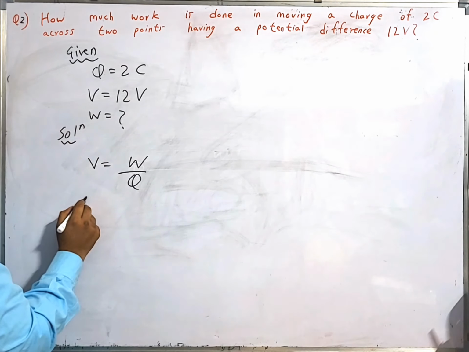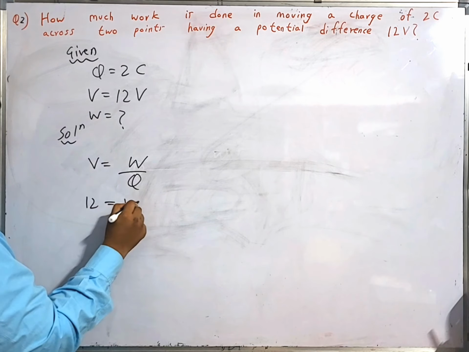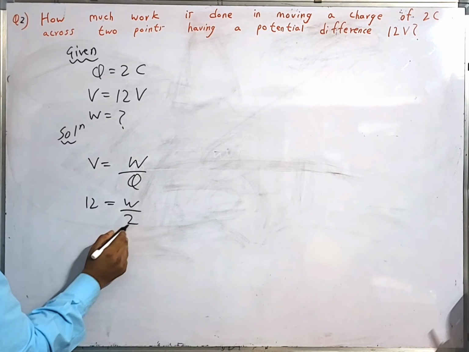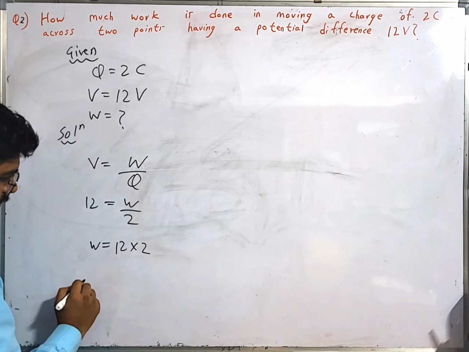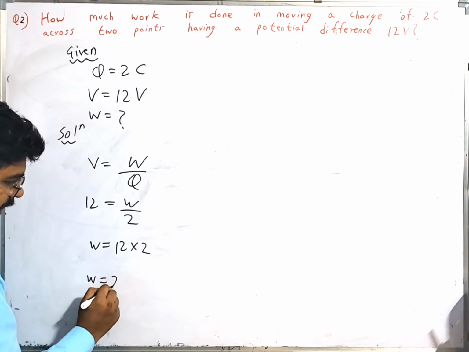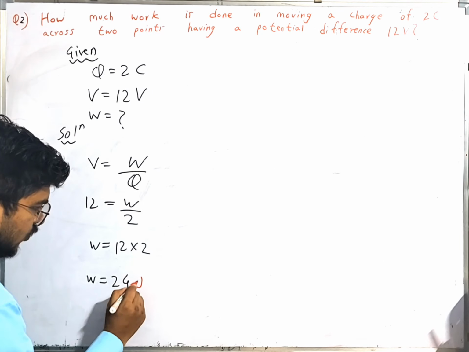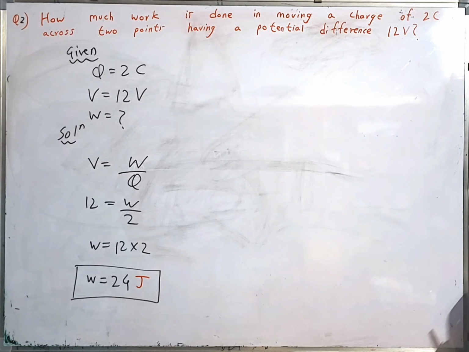Putting the values, potential difference is 12 volts. We have to find out work. Charge is 2 coulomb. Now multiplying 12 with 2, work done is equal to 24. Now work done is measured in joules. So we get the answer 24 joules.